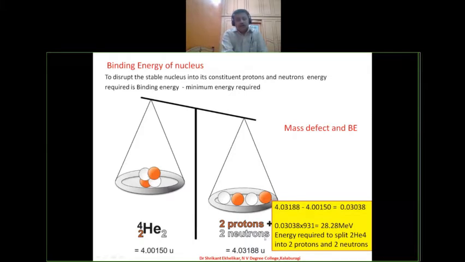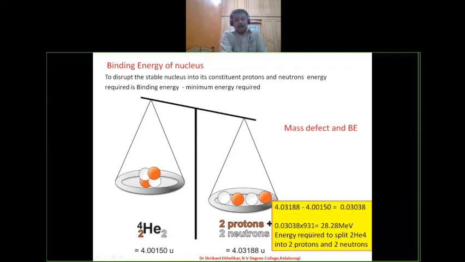And when the mass of this proton and this proton, and of this neutron and this neutron, are weighed separately, we get a different mass. When they are separately weighed, the mass is more, 4.03188 atomic mass units, and as a whole the mass is less.